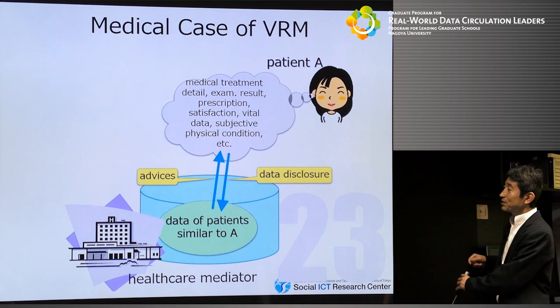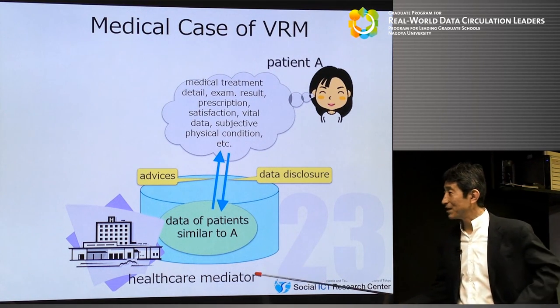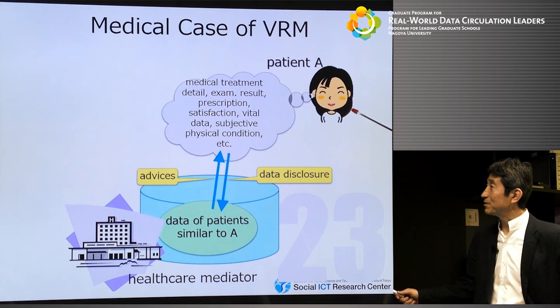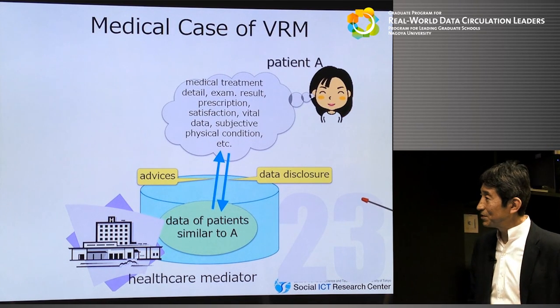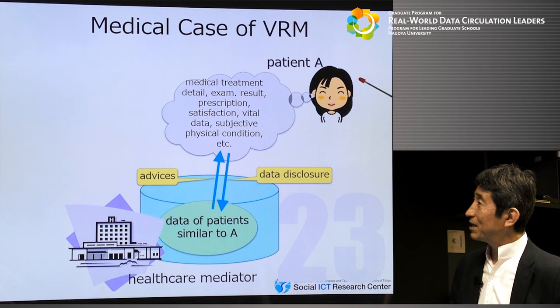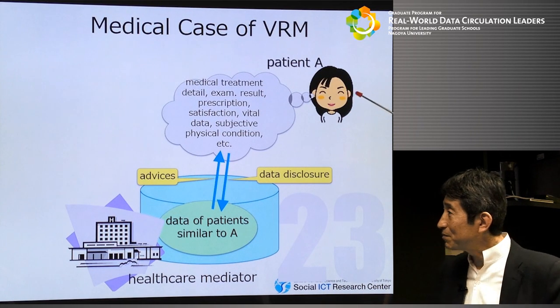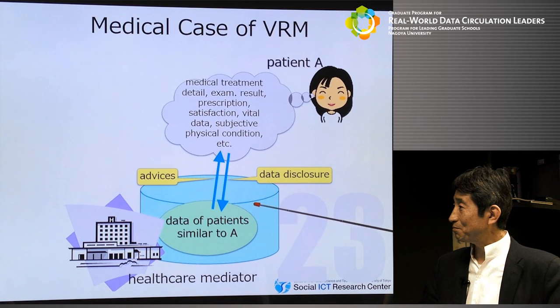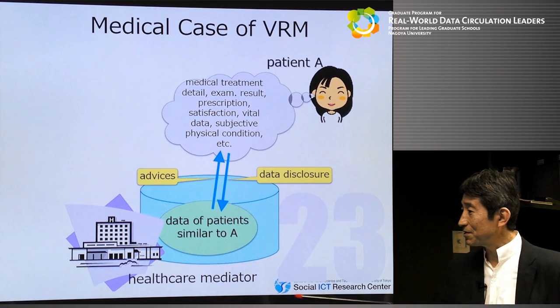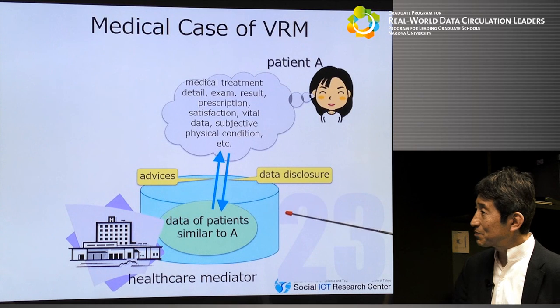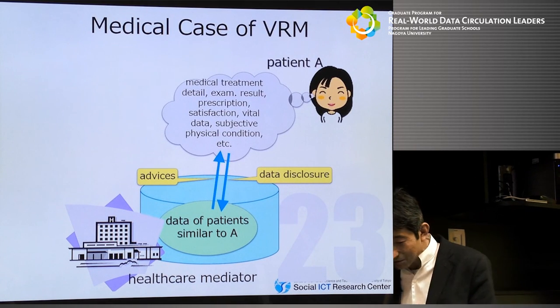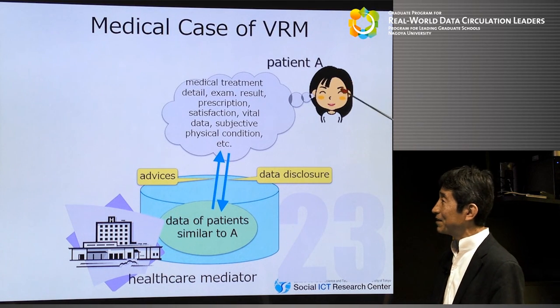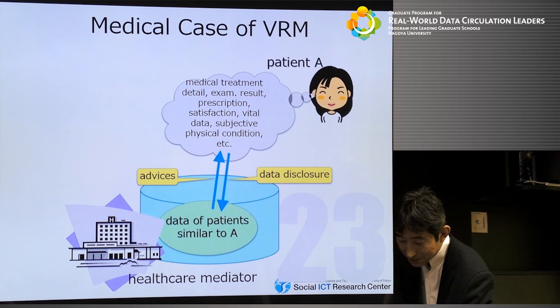And the possible service of a healthcare mediator to individual patients would look like this. So this patient A would be disclosing this kind of information to the healthcare mediator. And in response to that, this mediator would be providing her with some useful information.